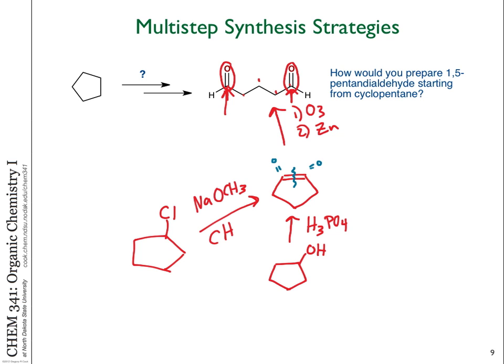Let's just use methoxide. React with a base, and you can do an elimination under those strong base conditions from a halide. Okay? Now we're getting somewhere because you know a reaction to go from cyclopentane to chlorocyclopentane. What would you need to do that?